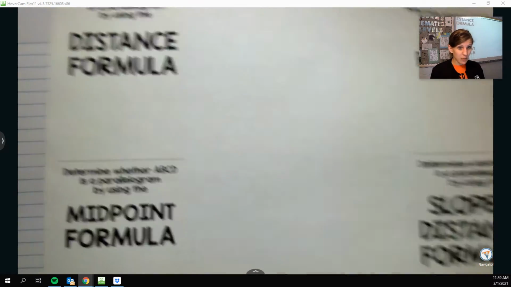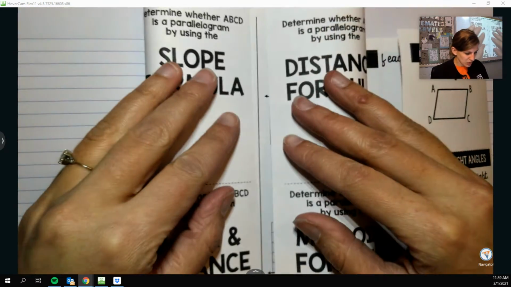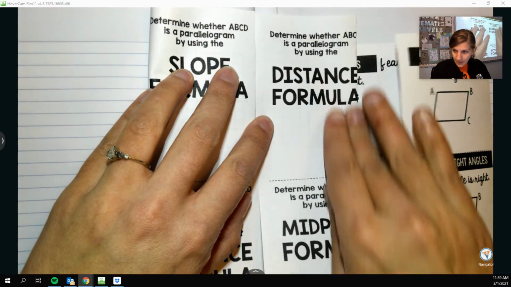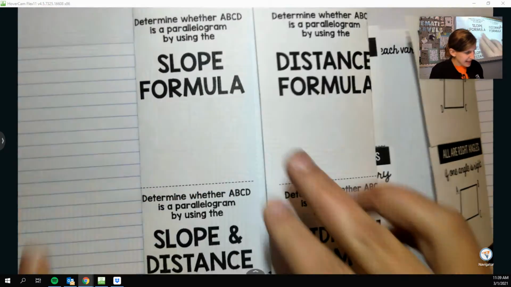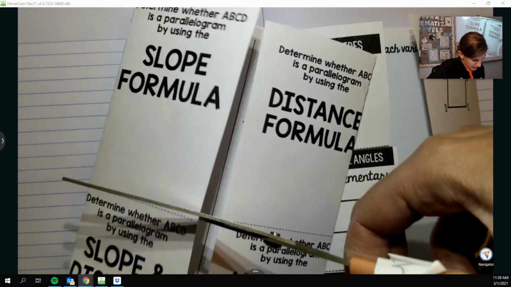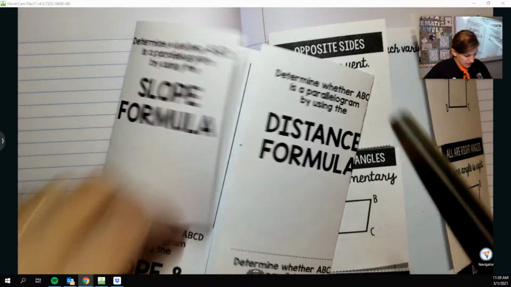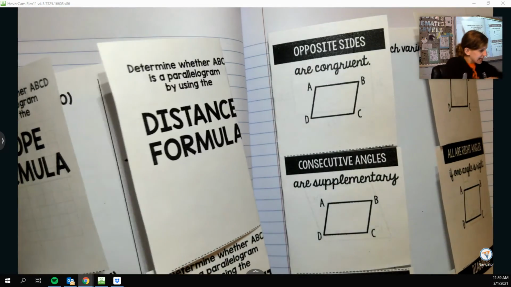We're going to flip that one over. You should be looking at 4 graphs. And we'll fold the short edges in to meet in the middle. And then if you want to cut out 2 little doors, do I want to do that? Oh yeah, I can do that. One of these I can't. And then we'll glue that one on 88.